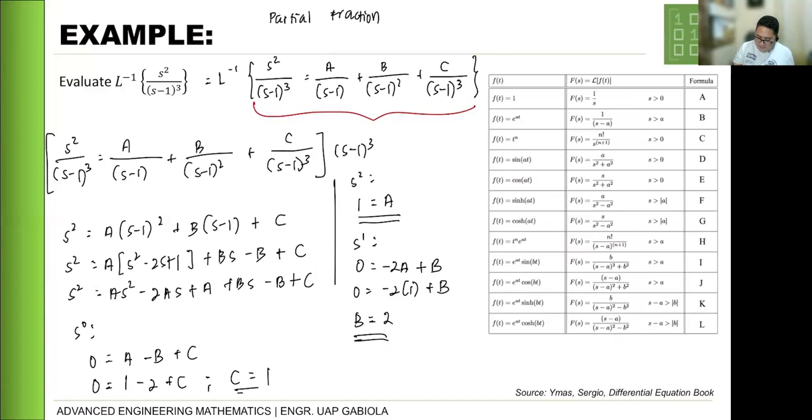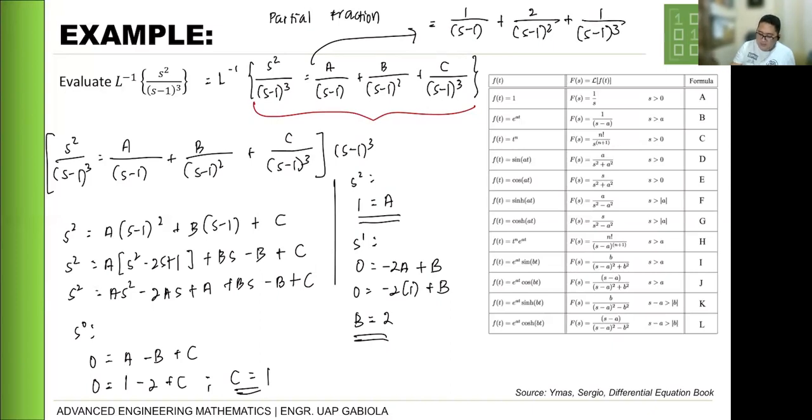Okay, so ito yung value ng ABC natin. This means na yung ating equation, okay, yung original equation natin, can be represented as 1 over S minus 1 plus 2 all over S minus 1 squared plus 1 over S minus 1 cubed.